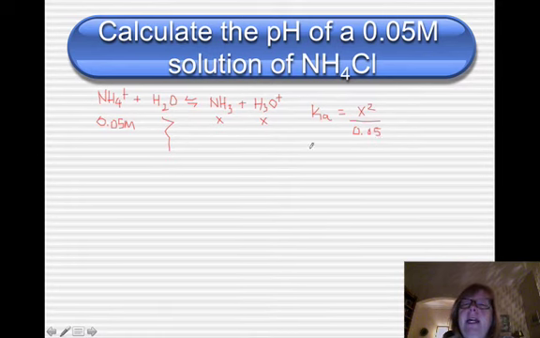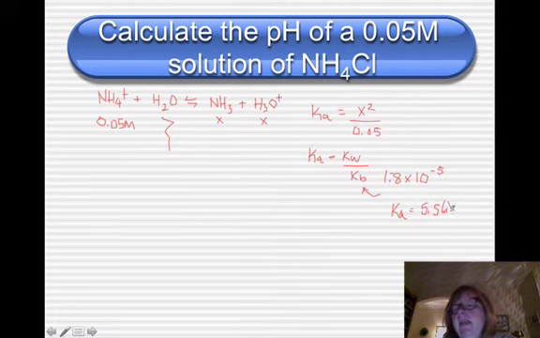And so we can get the Ka by taking the Kw and dividing by the Kb of ammonia, and that Kb is 1.8 times 10 to the negative fifth. So when I plug in my Kw and my Kb, I come up with a Ka for the ammonium ion of 5.56 times 10 to the negative 10th.